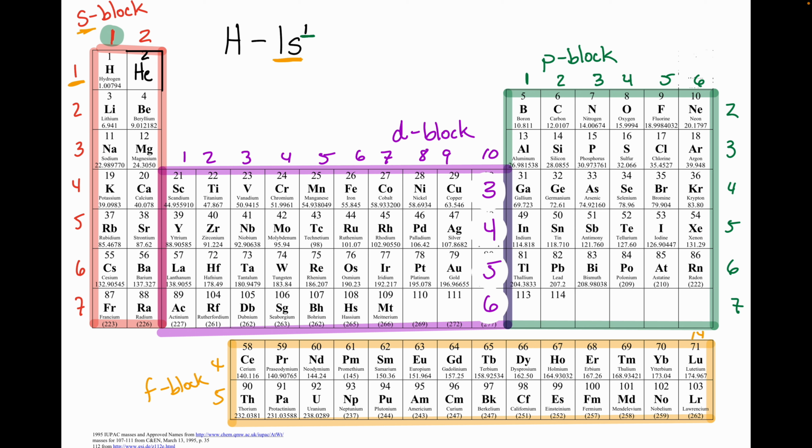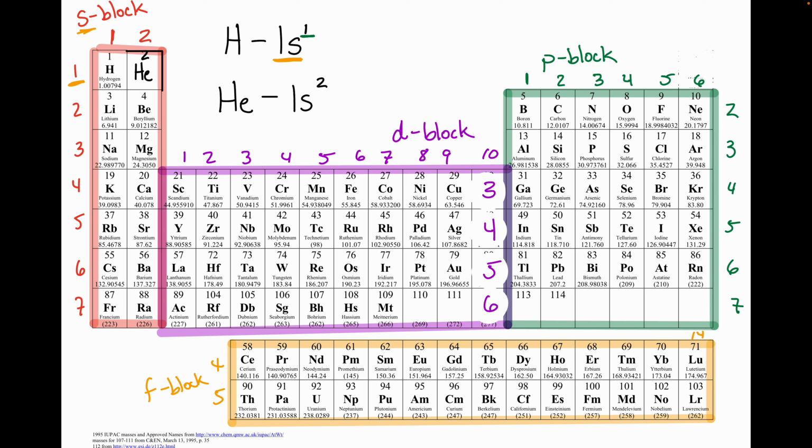So that's how I got my orbital. The location of the element on the periodic table helped me figure out what its electron configuration is. If we wanted to do helium, using that same logic, helium's right here. What would be the orbital? Also 1s. And how many electrons would be in there? 2. Cool.